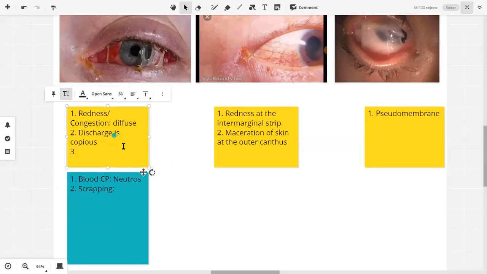The third clue in this case is that this patient had urethritis a few days back. Why is this clue important?